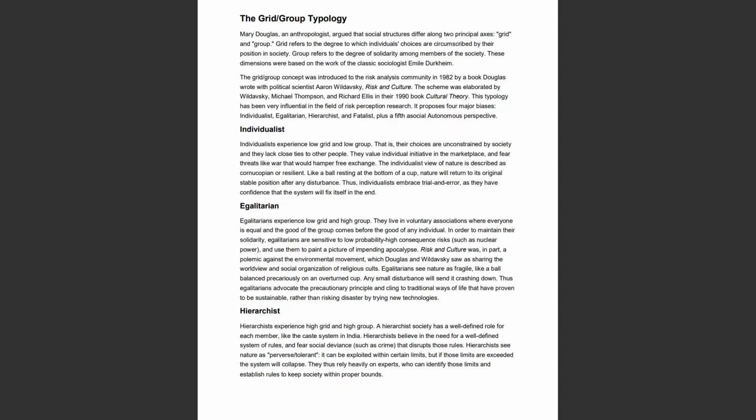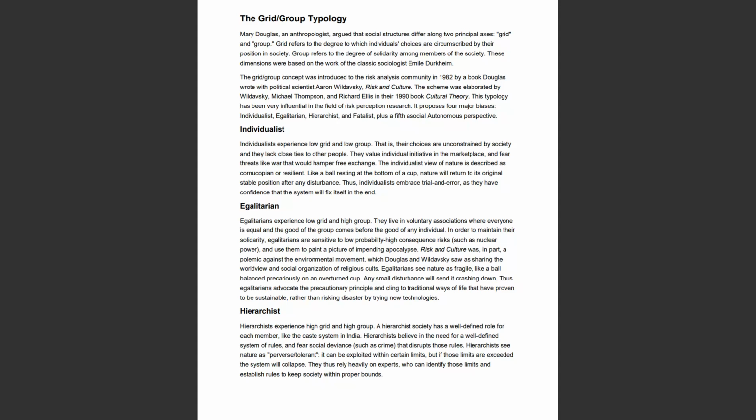So each different view is based upon either being low or high on grid, which refers to the degree to which individuals' choices are circumscribed by their position in society, or group, which refers to the degree of solidarity among members of the society.